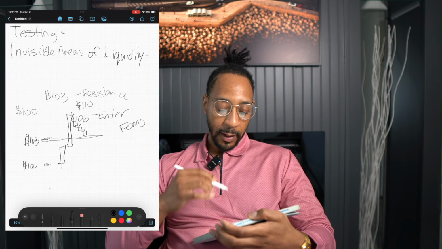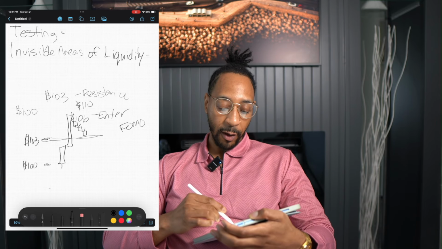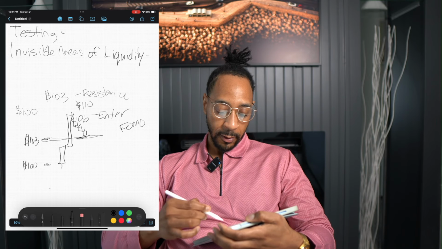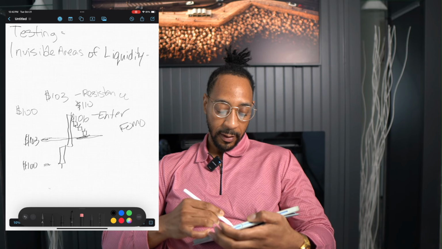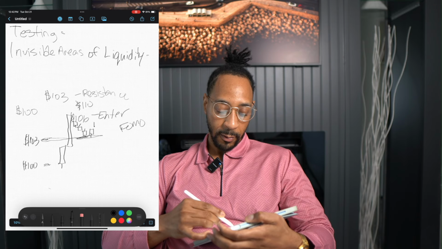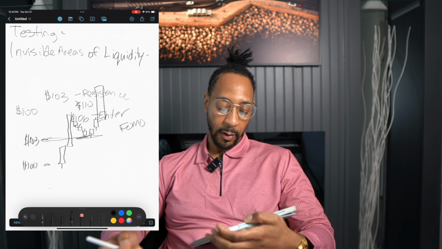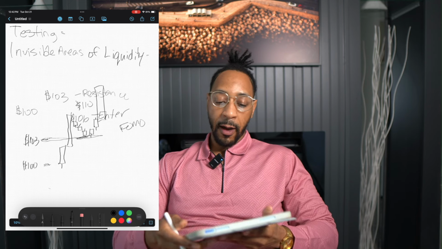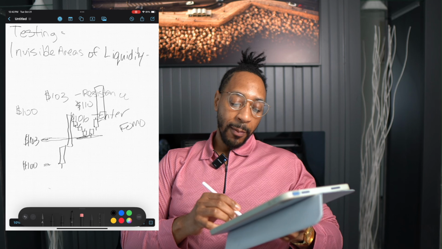The stock will now come back down to 103, and then it will end up going back up to where it just came from. And then let's say it blasts off here. Now, I hope that made sense.